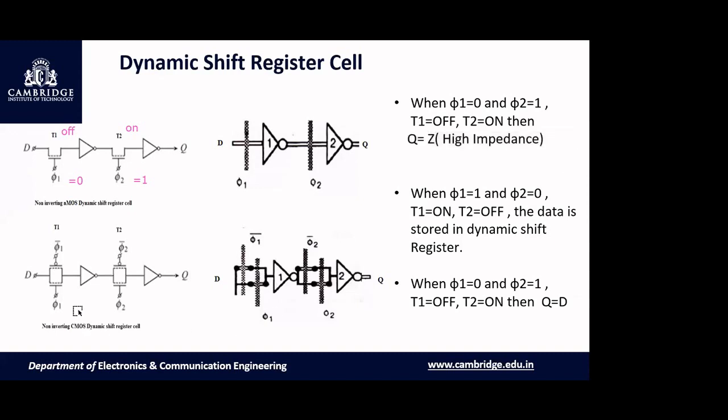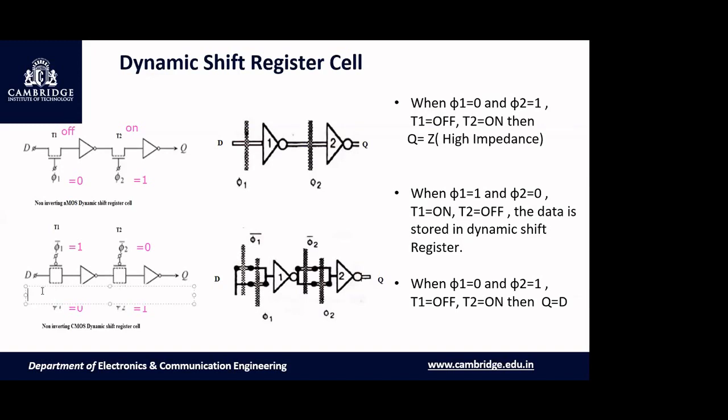Similarly, for this non-inverting CMOS dynamic shift register, we'll apply phi 1 equal to 0, so that phi 1 bar will become 1, and we'll apply phi 2 equal to 1, and your phi 2 bar will be 0, right?